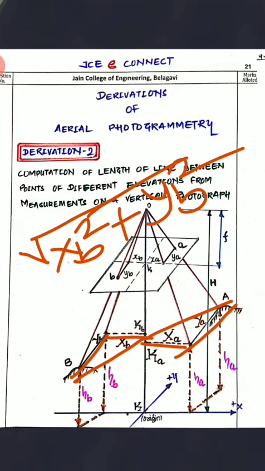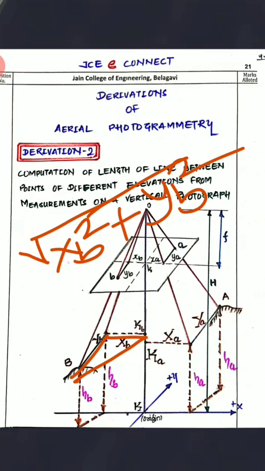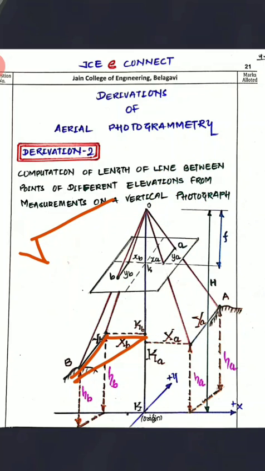If you add that, it is the square root of xa square plus ya square. In general terms you can write the square root of (xa minus xb) whole square plus (ya minus yb) whole square. So this is what you have to get.